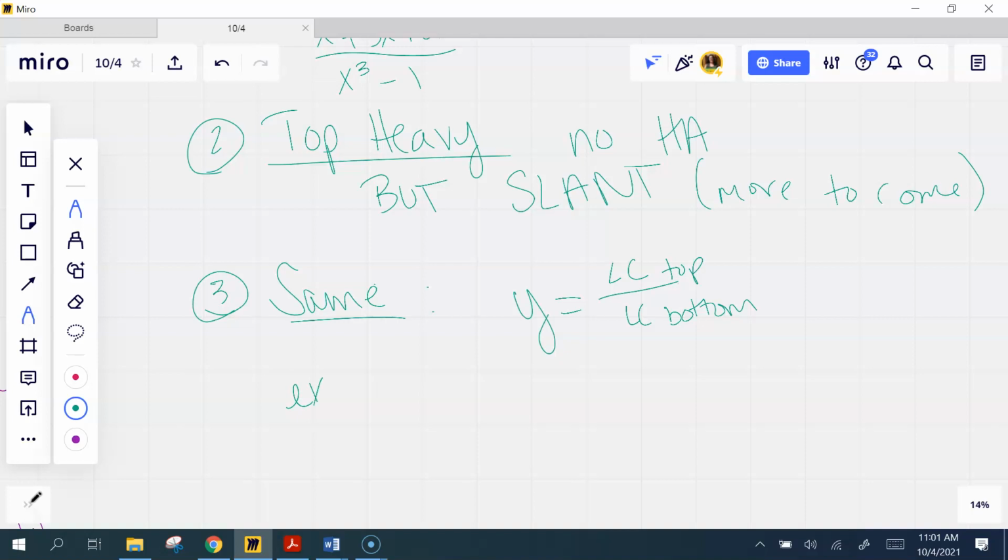For example, if I had y equals, where's the horizontal asymptote?